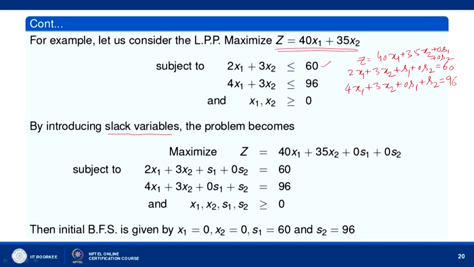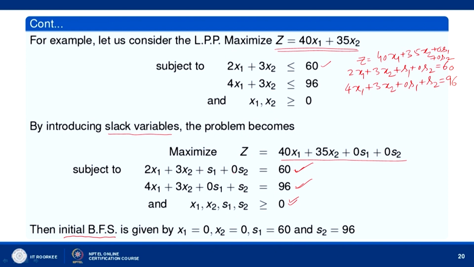So the problem becomes: maximize z equal to 40 x1 plus 35 x2 plus 0 S1 plus 0 S2, subject to 2 x1 plus 3 x2 plus S1 plus 0 S2 equal to 60, 4 x1 plus 3 x2 plus 0 S1 plus S2 equal to 96, and x1, x2, S1, S2 all greater than or equal to 0. Now we find the initial BFS. There are two equations here and four unknowns: x1, x2, S1, S2.